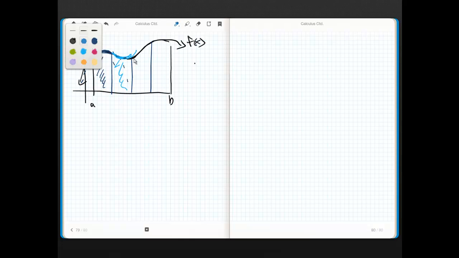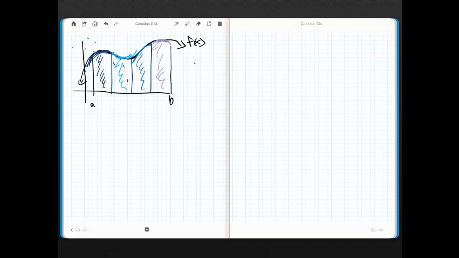And then let's grab another one, because this one's kind of quadratic, right? It comes up like this, and we'll figure out the area under that one. And then last but not least, we'll figure out the area under this guy in purple, because that seems to be a lot more accurate, right?